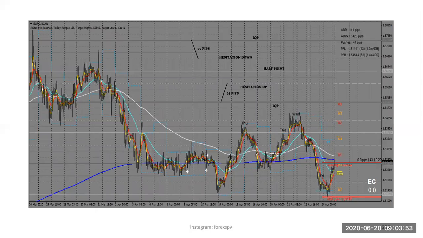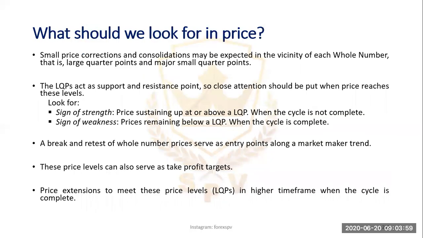Now, what should we look for in price when we are incorporating the quarter theory with what we have learned previously? We should look for small price corrections or consolidations, which may be expected in the vicinity of the whole number prices.